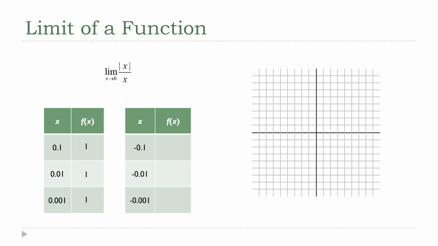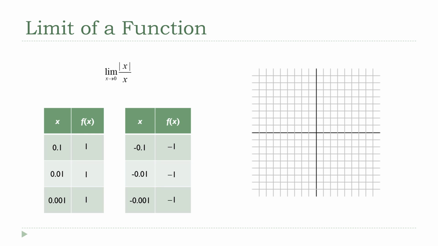Okay, so it's looking good for 1, right? But let's try the negatives. If I put the negatives in, oh, I get negative 1. Right? Because the absolute value makes the negative number positive, so the top of the fraction is positive, but the bottom is still negative. So we're getting negative numbers here.